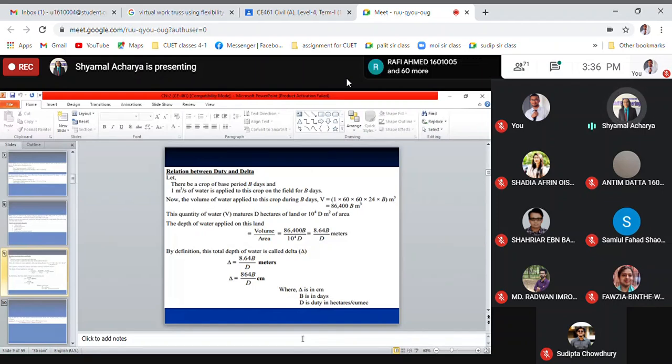This particular depth is called, according to the definition, delta. So delta equals 8.64 B divided by D in meter, or delta equals 864 B divided by D in centimeter. So delta is in centimeter for the last equation, B in days, D in duty.